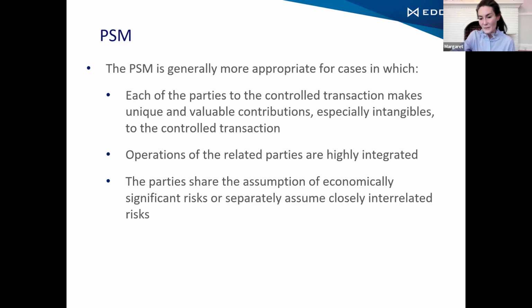The profit split method is used when one of the entities contributes IP, or both entities contribute some form of unique intangible asset, or if there are significant shared risks.